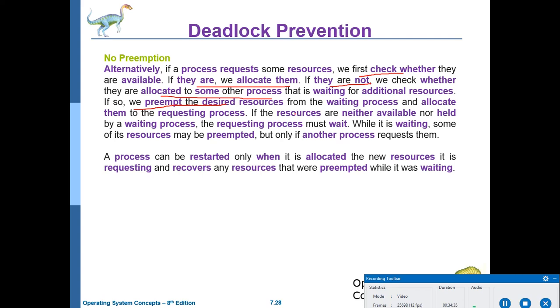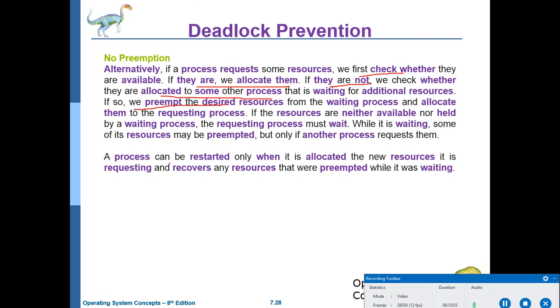If the resource is not available and is not held by a waiting process, the requesting process must wait. While a process is waiting, some of its resources may be preempted, but only if another process has requested them.